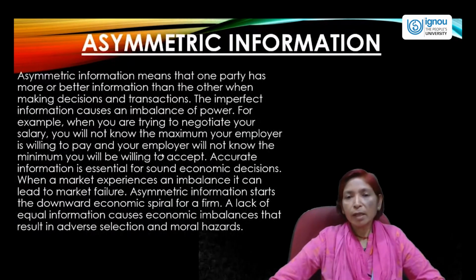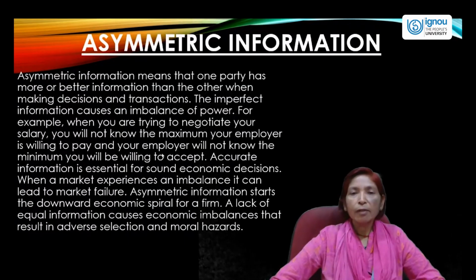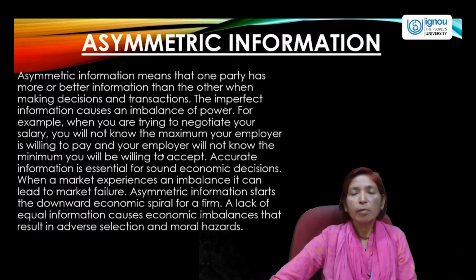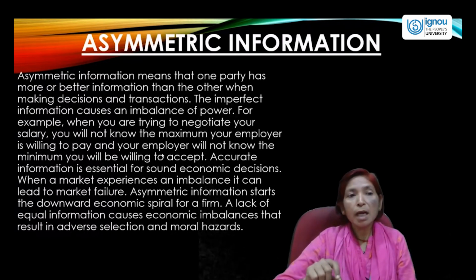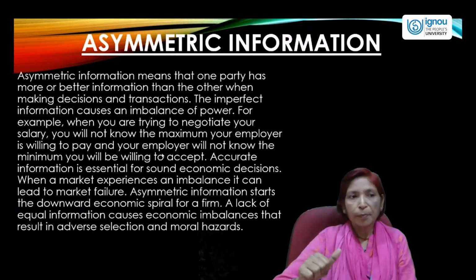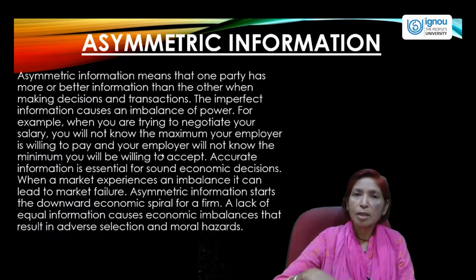Next is asymmetric information. Asymmetric information is also the main cause of market failure. Asymmetric means incomplete or unequal. If incomplete information is available in the market, it will be the cause of market failure. Asymmetric information means that one party has more or better information than the other when making decisions and transactions.